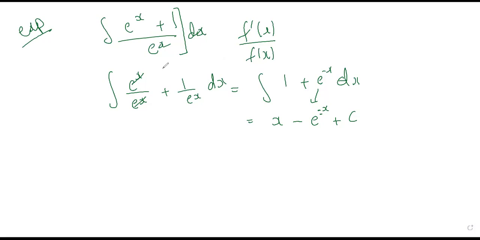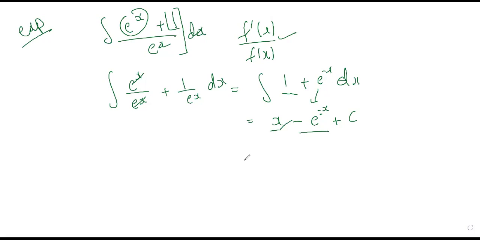As in our example, the derivative of e to the x is e to the x, which we have in the numerator, but we have this one as well, so this cannot be solved by this method. So I simplified it by dividing by e to the x on both. I got 1 and I got e to the minus x. The integral of 1 is x and the integral of e to the minus x is this.